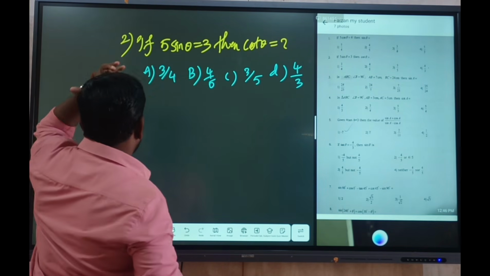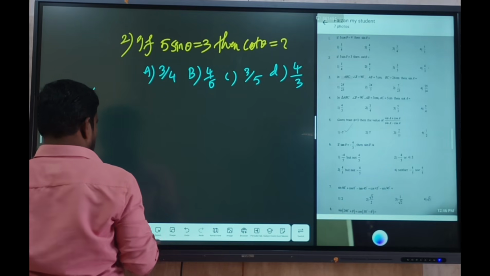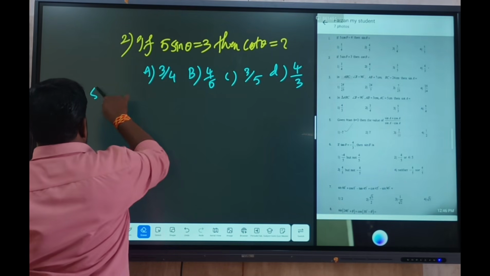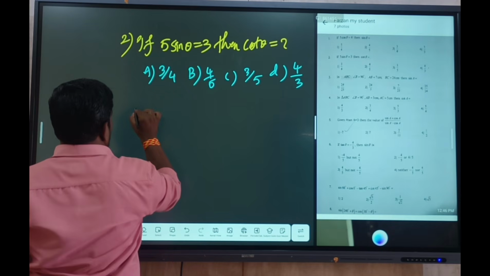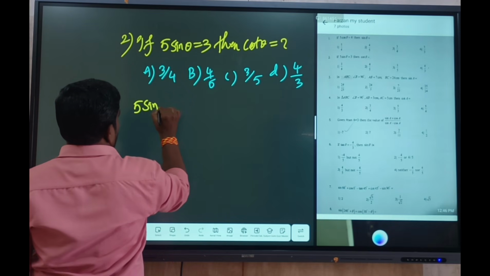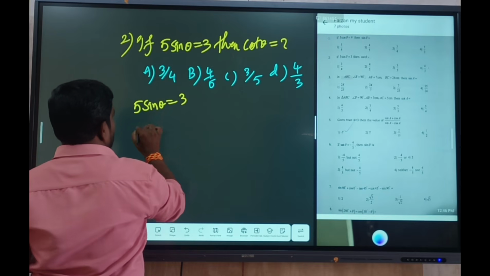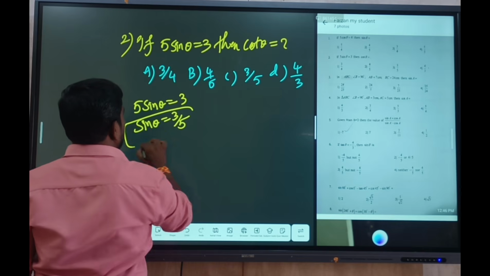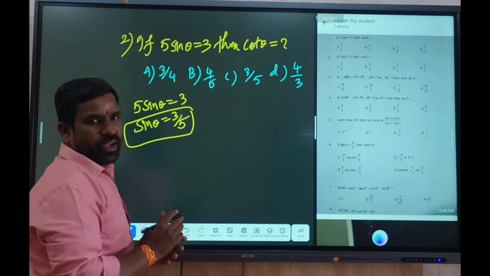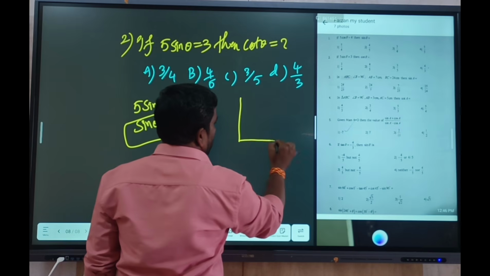Look here, first of all we use a right triangle. The question says pi sin theta is equal to 3. Here pi is a multiple, so it becomes division. Sin theta is nothing but 3 by 5, a Pythagorean triplet 3, 5. Now I draw the right triangle.